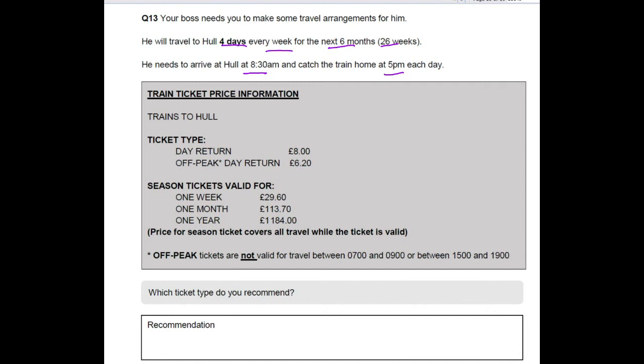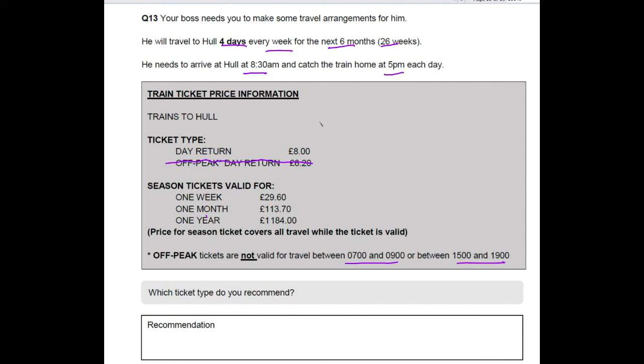Which ticket type do you recommend? Now it says at the bottom here, off-peak tickets are not valid for travel between 7 and 9 or between 3 and 7. So we can't buy the off-peak tickets because of the times he needs to get to and from Hull.